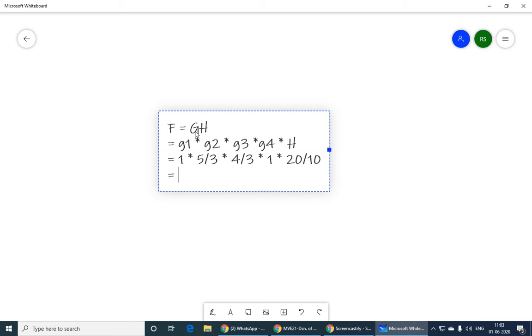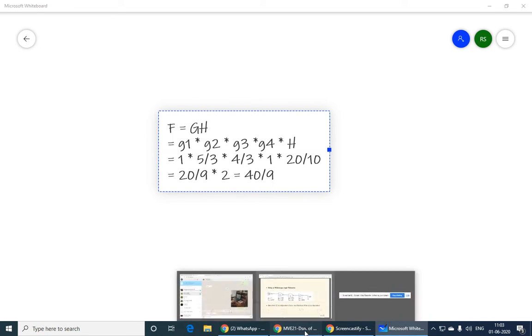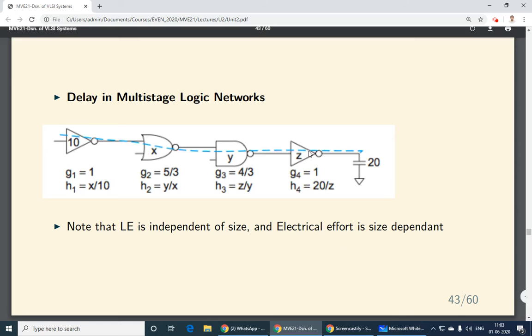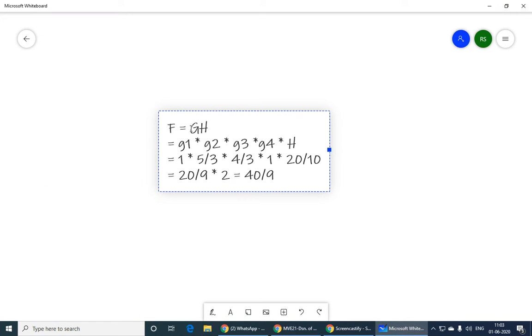So it is equal to 20 by 9 into 2 equal to 40 by 9. So this is the path effort for the example. Okay, so this path, the effort is capital F equal to 40 by 9.